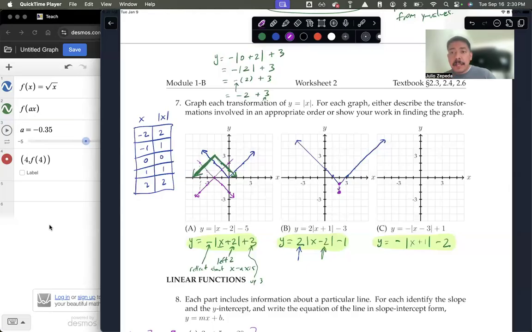It has a y value of -1, so I'm going to double that. The value of 0 is going to stay 0. The value of 1 is going to become 2. The value of 2 is going to become 4. And my graph is going to look something like this.